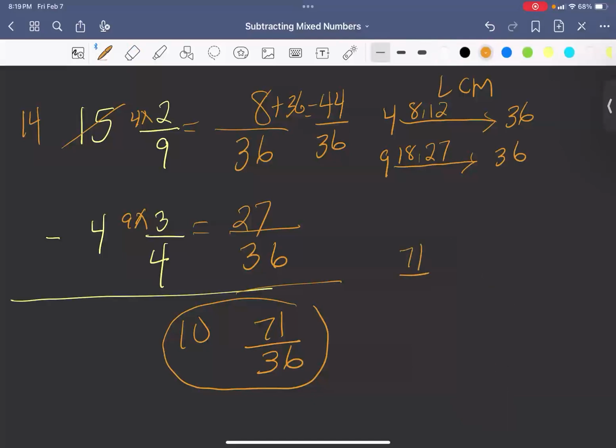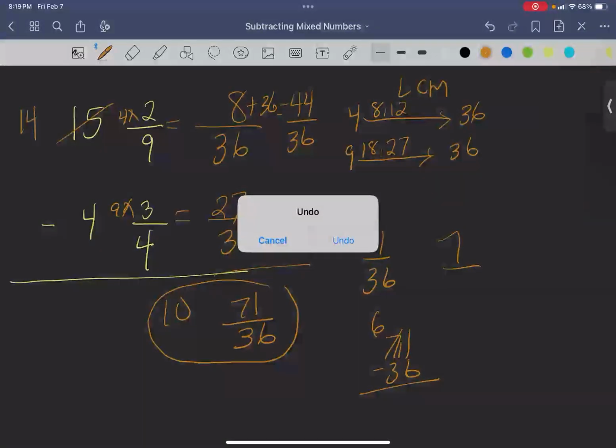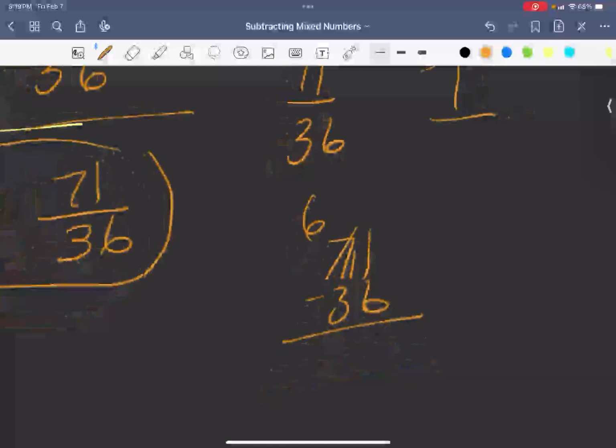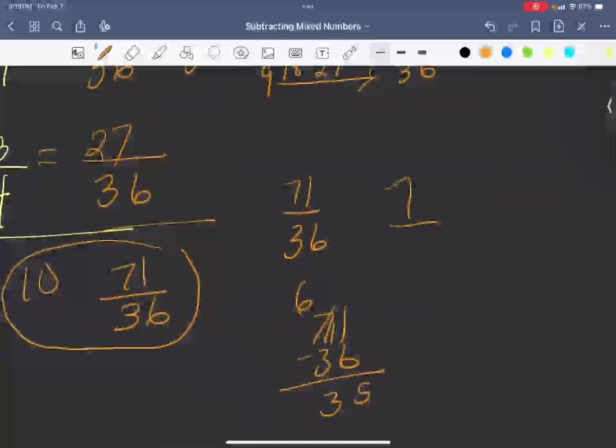So let's see. 36 can go into 71 one time. 71 minus 36, when we subtract it, 11 minus 6 is 5. And then 6 minus 3 is 3. We have 35. So we have 1 and 35 over 36.